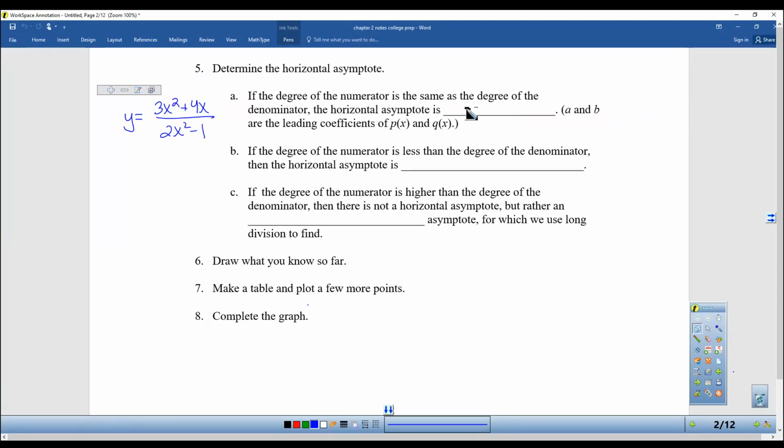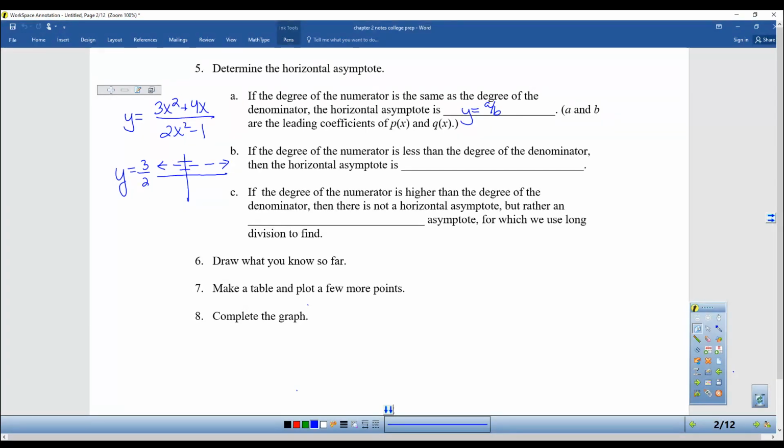So in that case, the horizontal asymptote is going to be y is equal to a over b. In this case, y is equal to 3 over 2. Remember that when y is equal to a number is graphed, it's always a horizontal line. So this would be the horizontal asymptote.